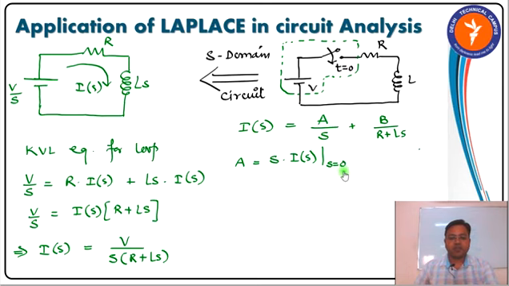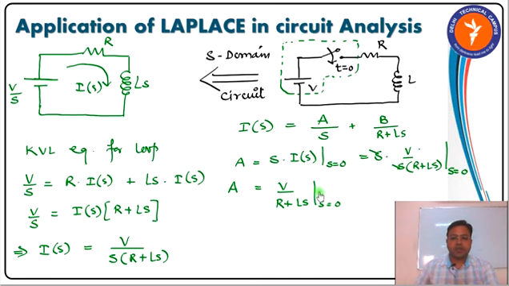So S into V by S into R plus LS at S equal to 0. This S will cancel out this S, and I will be left with V divided by R plus LS at S equal to 0. This is nothing but A.